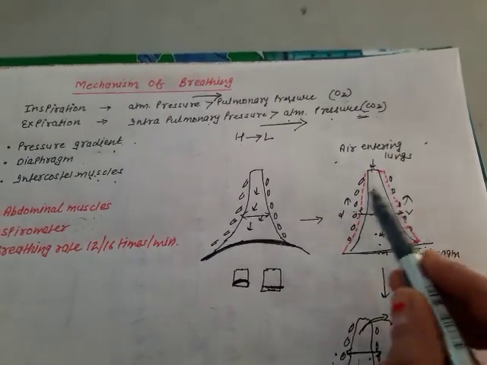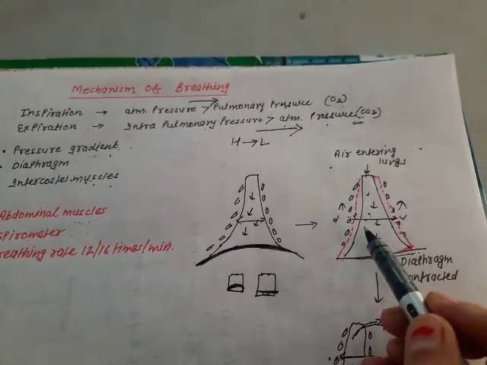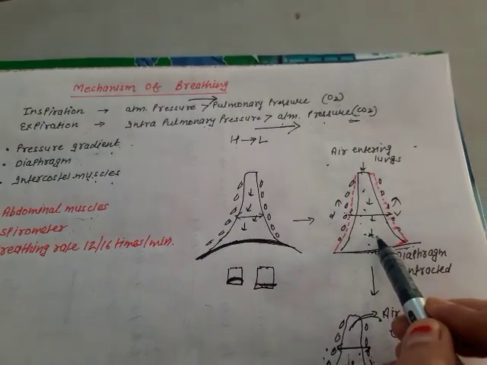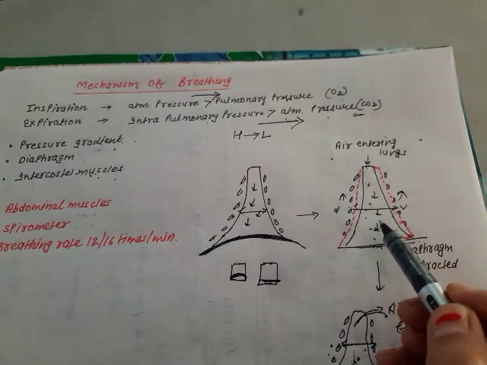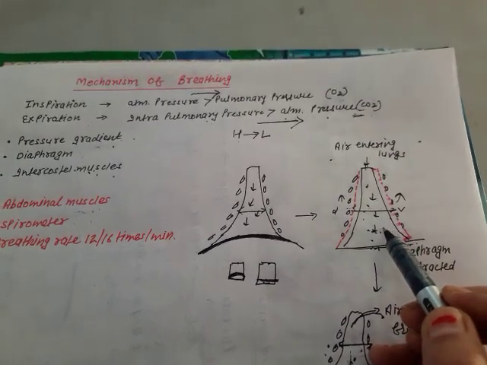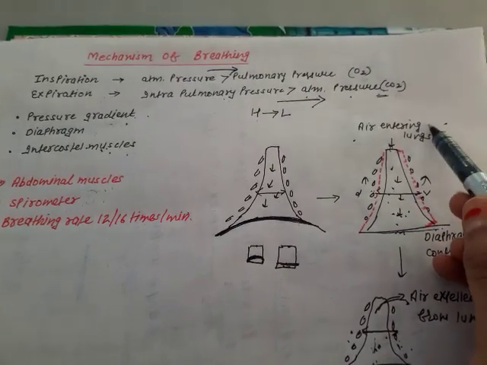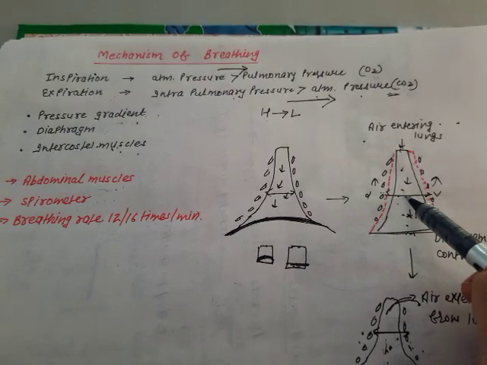So the result is that there is an overall increase in the thoracic volume as well as the pulmonary volume, but the pressure of air inside the thoracic cavity is decreased. So to balance, air from the atmosphere will enter into the lungs.